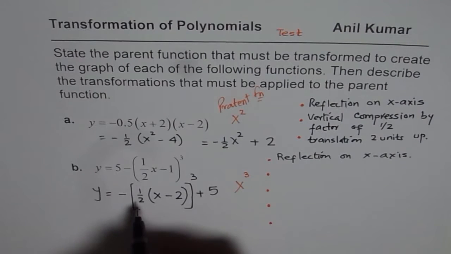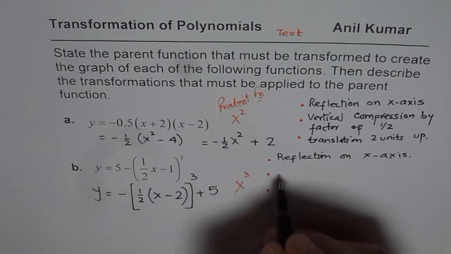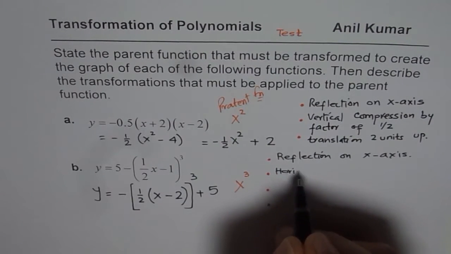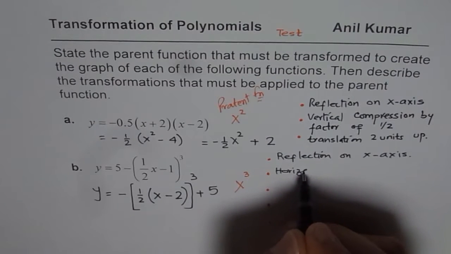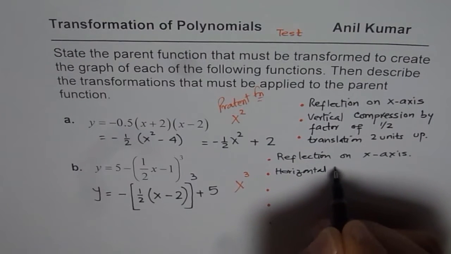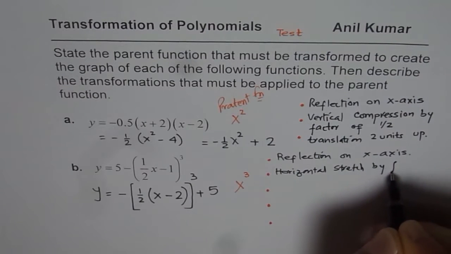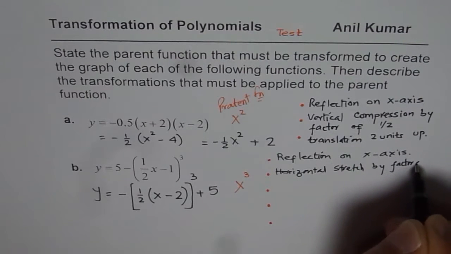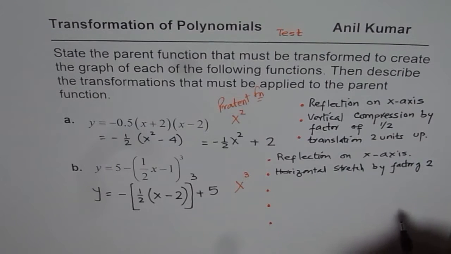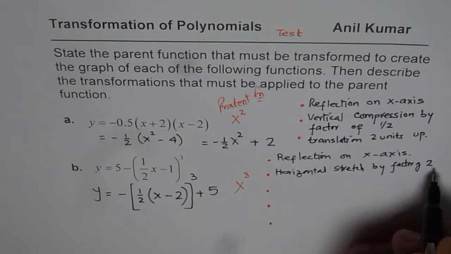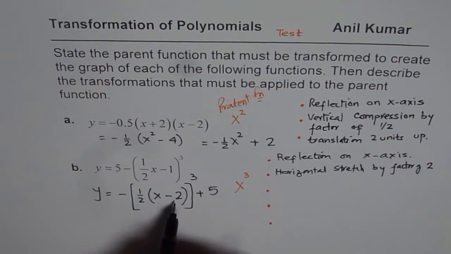Half is inside the bracket, so it is horizontal. Everything reverses, so it is a horizontal stretch by a factor of 2. Half is 1 over half, which is 2, by a factor of 2. And then these two are translations.